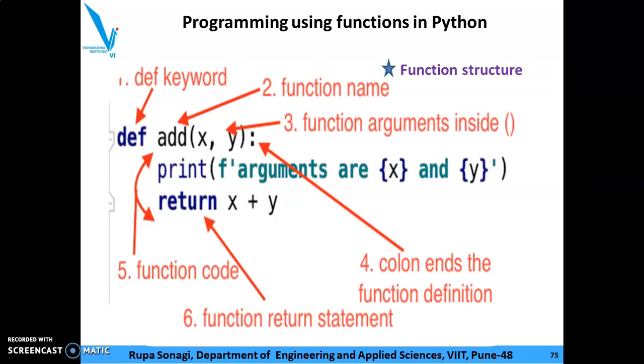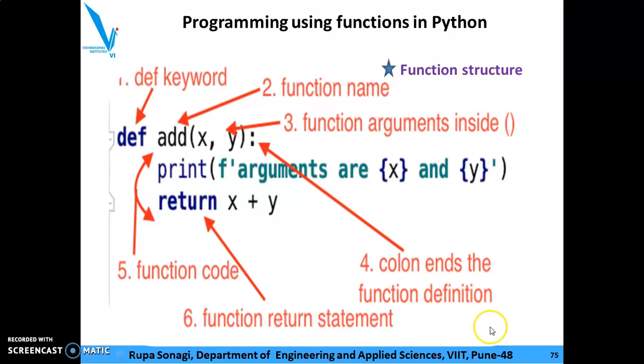Okay. Now let us understand the structure of a function. First, def is a keyword which indicates that it is a function. Second, the function name. The function name can be anything except Python identifiers or keywords. Third is the function arguments inside the brackets, that means the parameters.